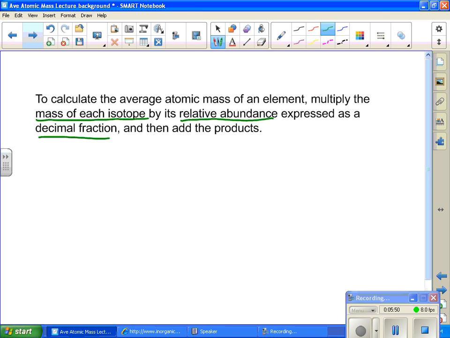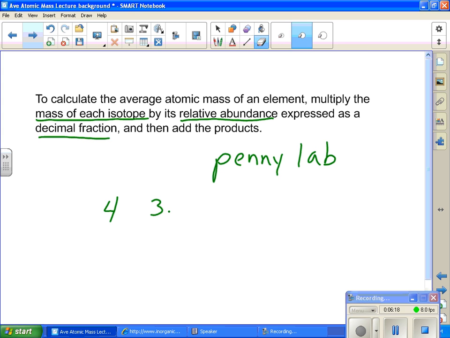Now, hopefully this sounds a lot like the penny lab we just completed. Okay, so think about this for a second. If we had 4 pennies at 3.5 grams. Oh, those were 3.1 grams, weren't they? Let's say 3.1 grams.